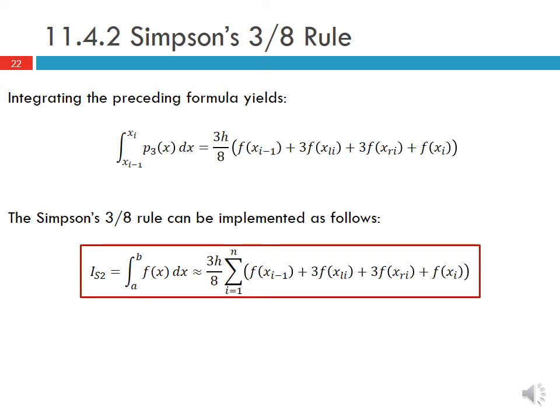So the Simpson's 3/8 rule is implemented as 3h over 8 times the sum of f of x_(i-1) plus 3 f of xl_i plus 3 times f of xr_i plus f of x_i, as i goes from 1 to n. It's called the 3/8 rule because we get this 3 over 8 coefficient here. And this is what it looks like if you expand it out for a few points.